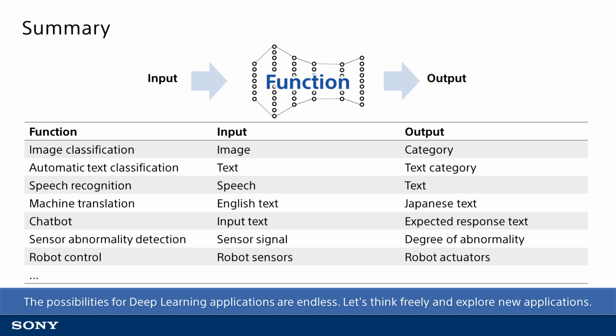I also believe that discovering the key points of utilization that are close to the issues you deal with in your actual work will be the first step in utilizing deep learning. I look forward to the new ways of utilizing deep learning that you discover by thinking outside the box.